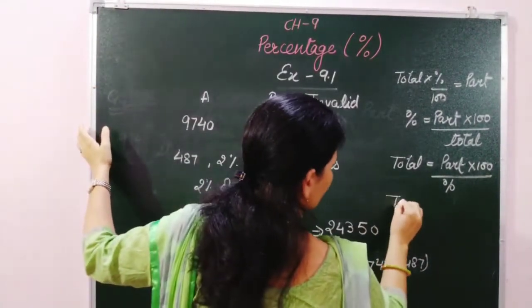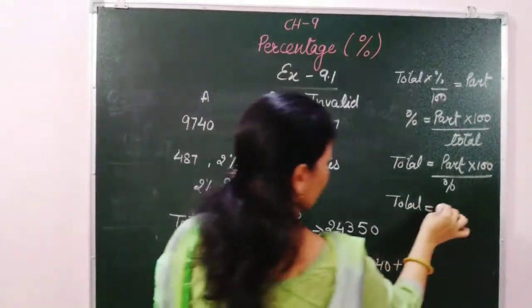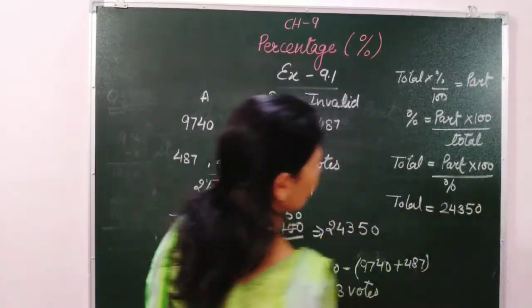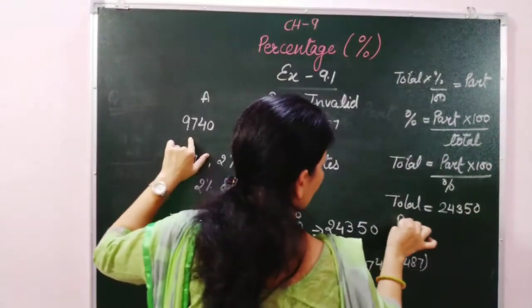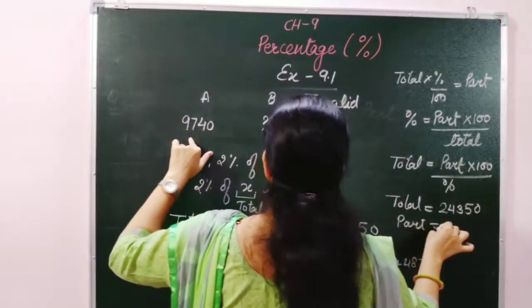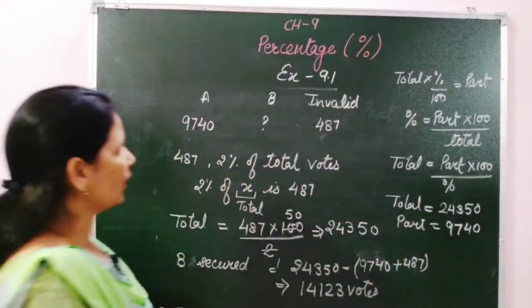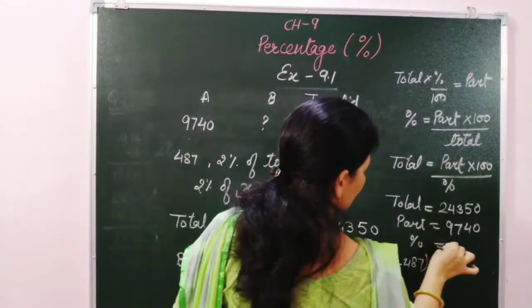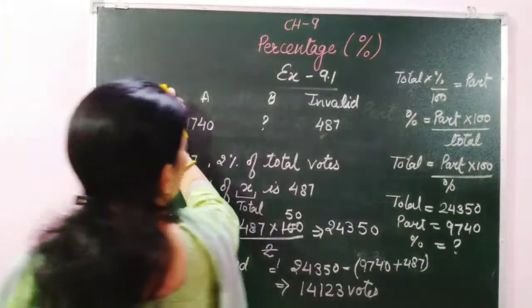I am writing here: Total, that is 24,350. Then the part they have given us is 9,740. And what we have to find out is the percentage. Okay students, so let's see how to find the percentage.